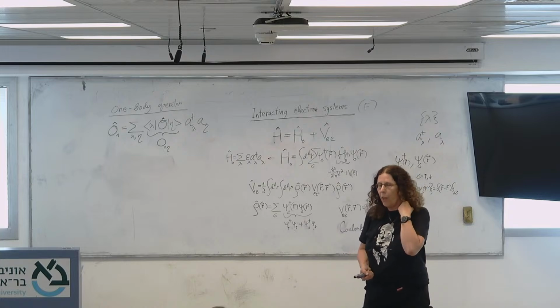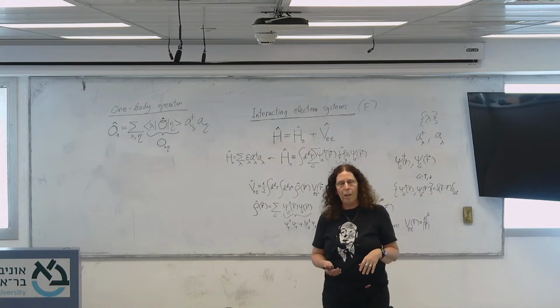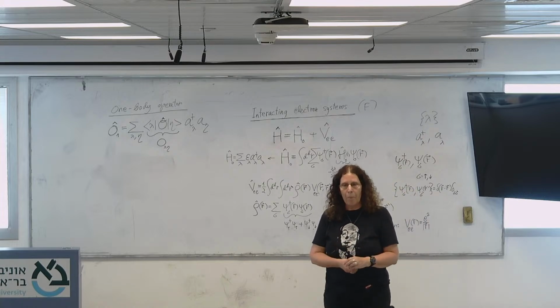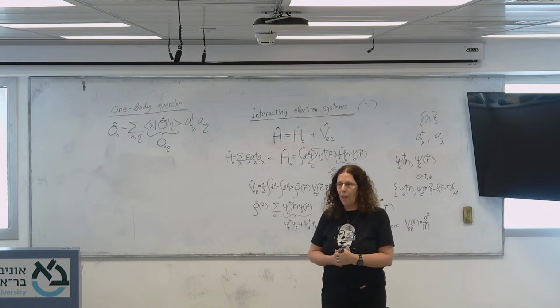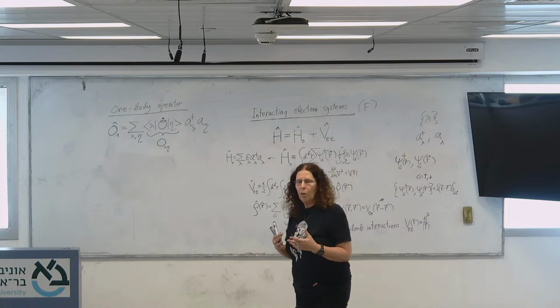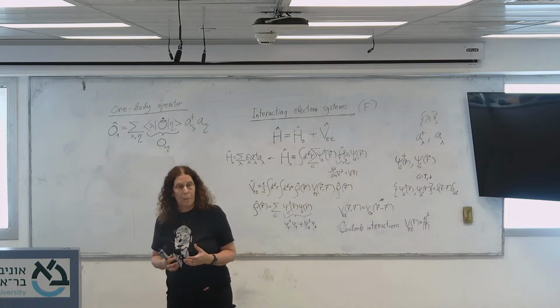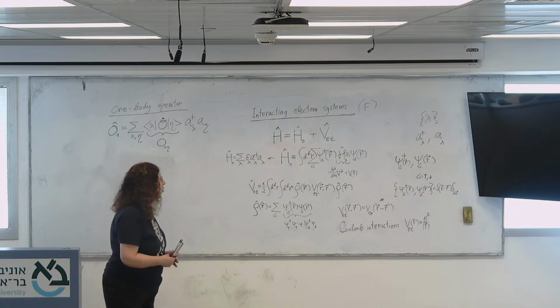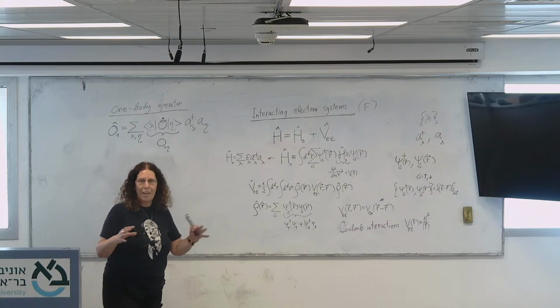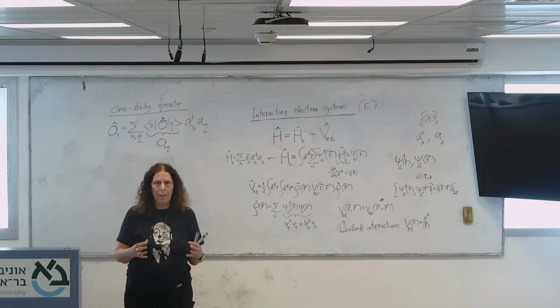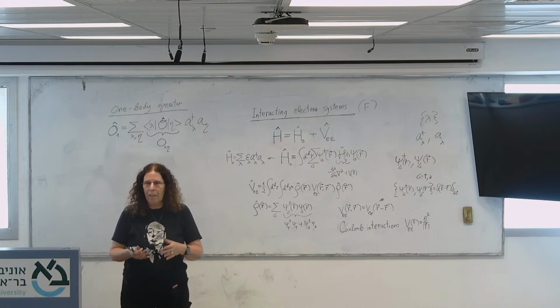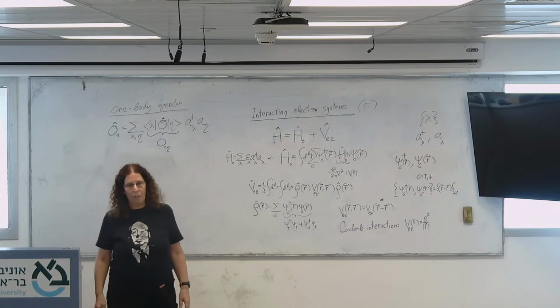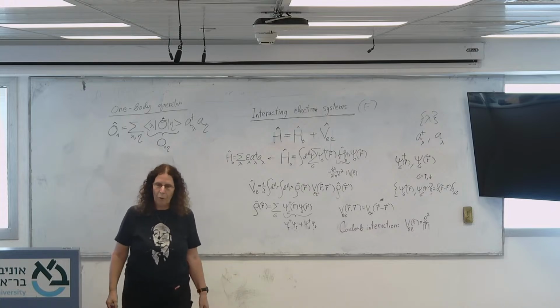So the philosophy, and then you will see some examples in the next lectures and also in the tutorial, is that you can get a lot of rich physics by making such approximations. And although you didn't find the exact wave functions and exact energies, you already have a good enough description of what's going on. Okay?